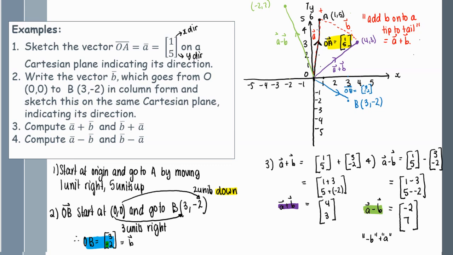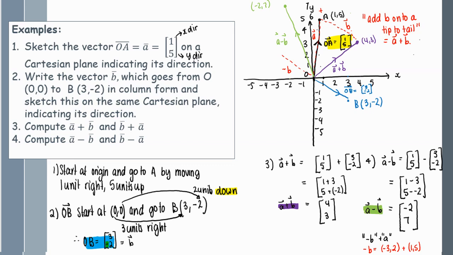If we times our vector B by a minus sign, instead of having the column vector 3, minus 2, I would actually have minus 3, 2. Then we would add on vector A to this, which is 1, 5. I just ran out of room to make these column vectors, but you can imagine that they are column vectors.